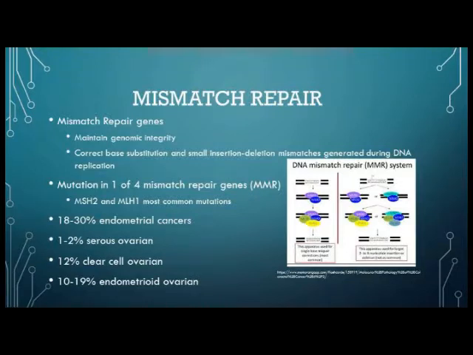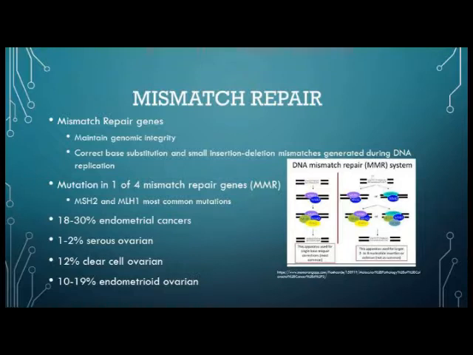It can be a single nucleotide or a bigger insertion. Generally these 4 genes, MLH1, MSH2, MSH6, and PMS2, work together to fix it. If you've got a mutation in one of these proteins, you're not going to be able to fix this as well, and you end up with more mutations in your genome, which is why you have an increased risk of cancer.